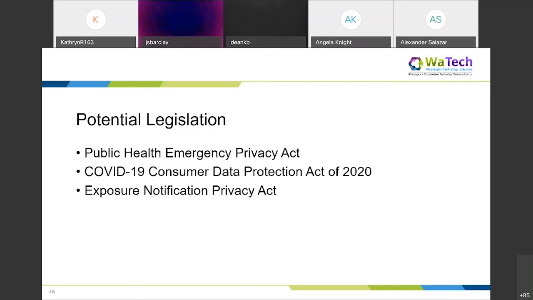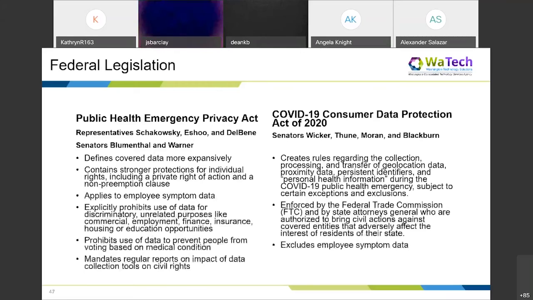So just briefly, next slide, the Public Health Emergency Privacy Act and the COVID-19 Consumer Data Protection Act are actually partisan bills. The PHEPA is a Democratic bill that has sponsors in both the House and the Senate. And the other bill is just in the Senate, and it's been introduced by Republican lawmakers.